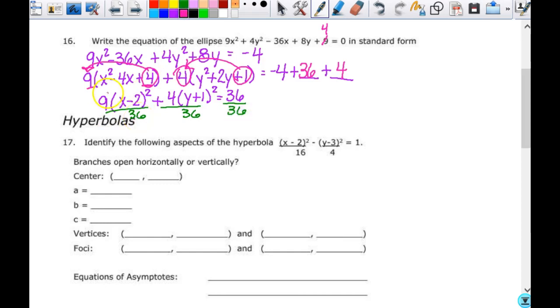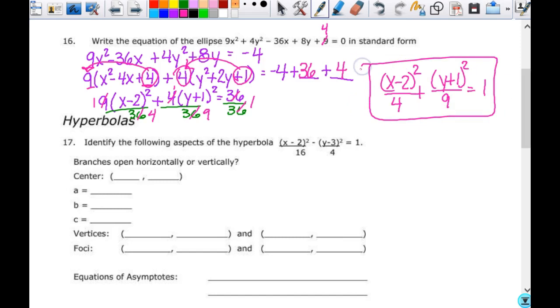So here, when I reduce this, I get x minus 2 squared over 4 plus y plus 1 squared over 9 equals 1. And there's my ellipse.